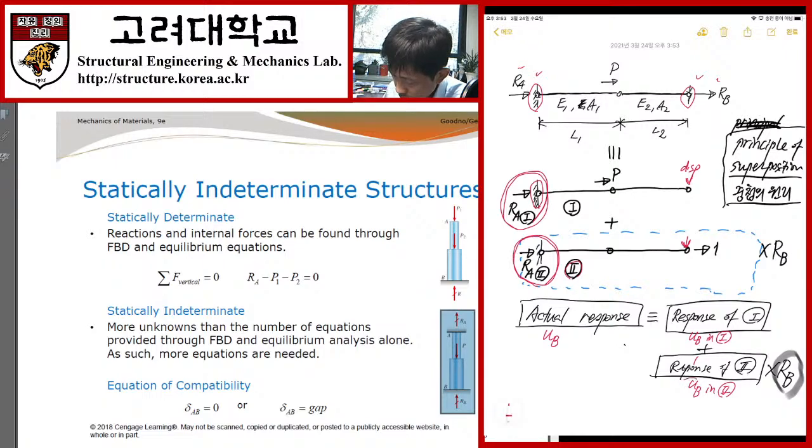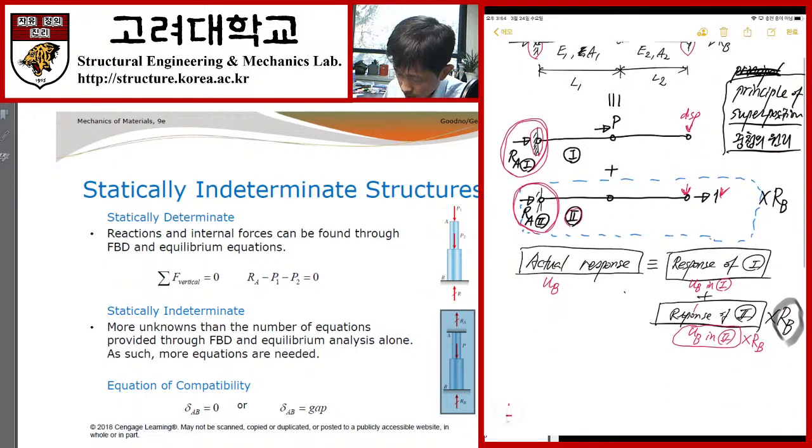Here we use the unit load as the external load, and here I want to multiply with RB, because as a boundary condition we already know that UB is equal to 0, because this is a displacement boundary. So what does it mean?